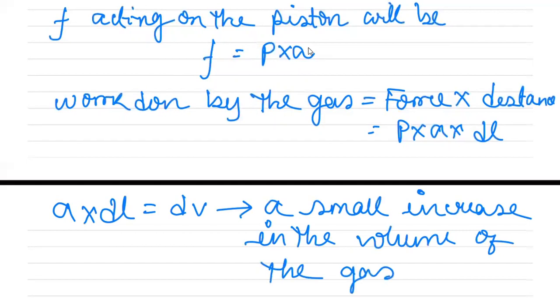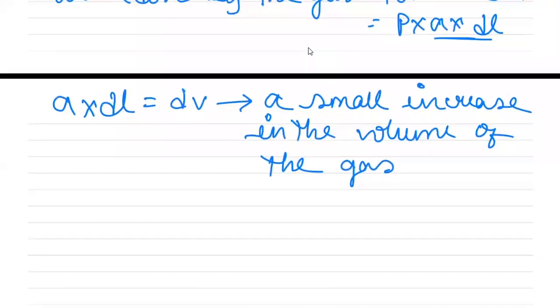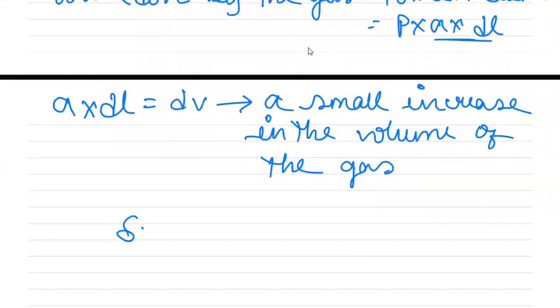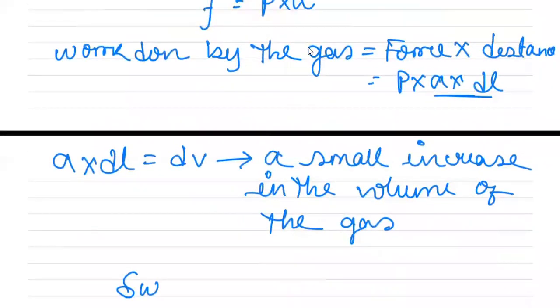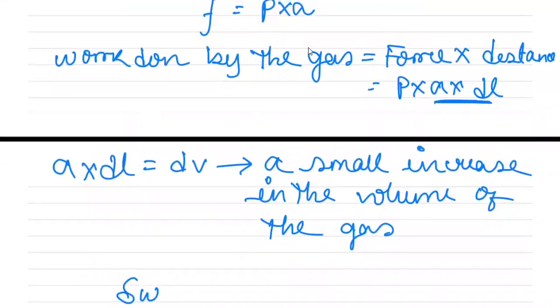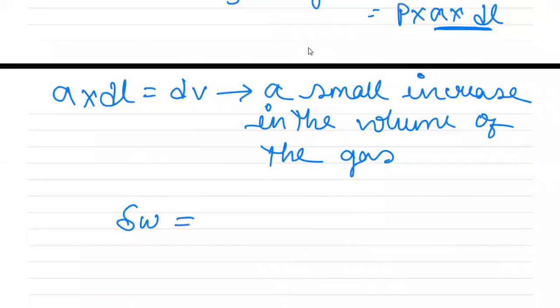As A and dl are very small, work done also becomes very small. So we write the work done as delta W, equal to P into dV.